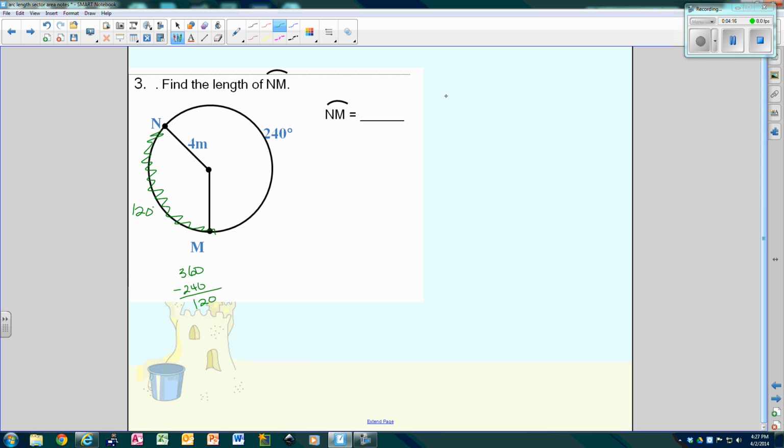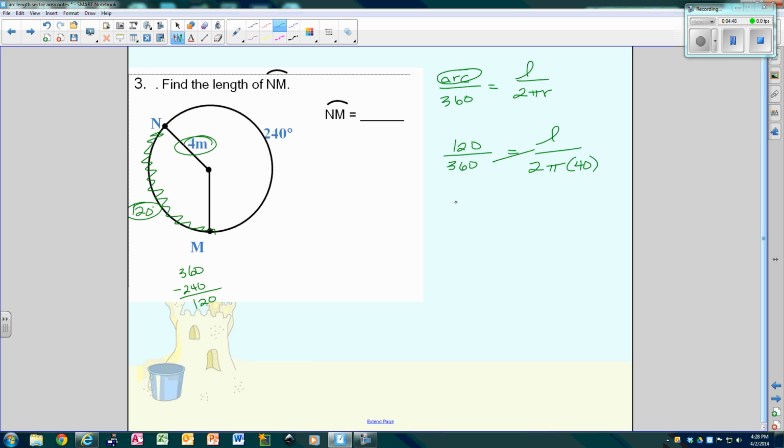We know the formula is the arc over 360 is the length over 2 pi r. Now let's plug everything in. The arc is 120, so 120 over 360 is, I'm looking for the length, 2 pi, the radius is 4.